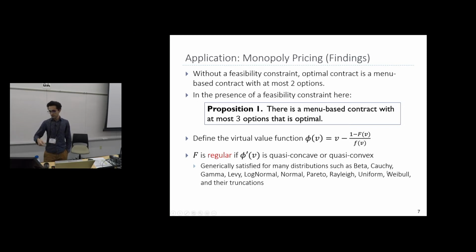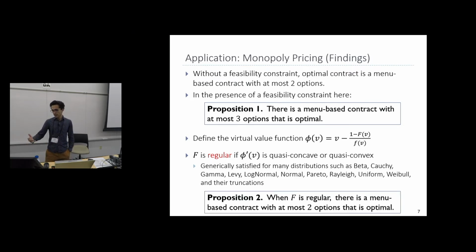For the rest of the distributions on the list, we do random sampling or grid search, and we haven't found a counterexample. And maybe also it's worth mentioning that neither this regularity nor Myerson's regularity implies the other. However, some of these distributions that I list here fail to satisfy Myerson's regularity.